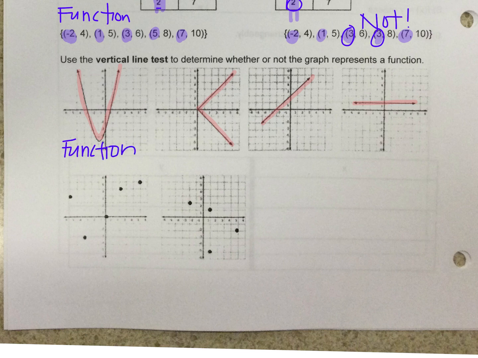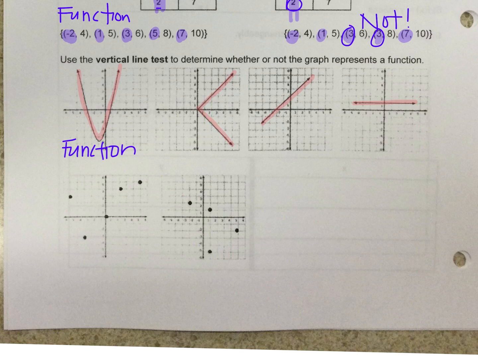Let's look at the next one. I'm going to run my lightsaber. It's not touching anything now. That's okay. Oh, no. Do you see how it's touching the pink line right here and right here? Oops, I lost my lightsaber. It's touching two places.